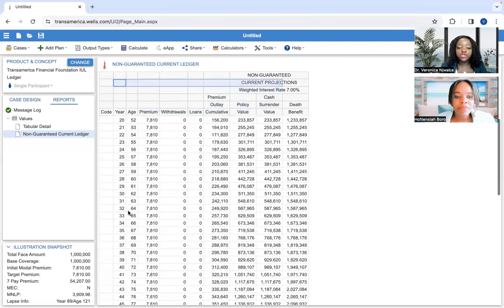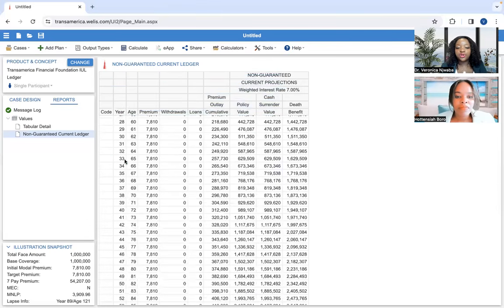Now, they keep contributing, let's say, up to the age of 65. How much would they have contributed total? 257,000. How much is in their savings? 629,000. How much can they take out? 629,000. Exactly.